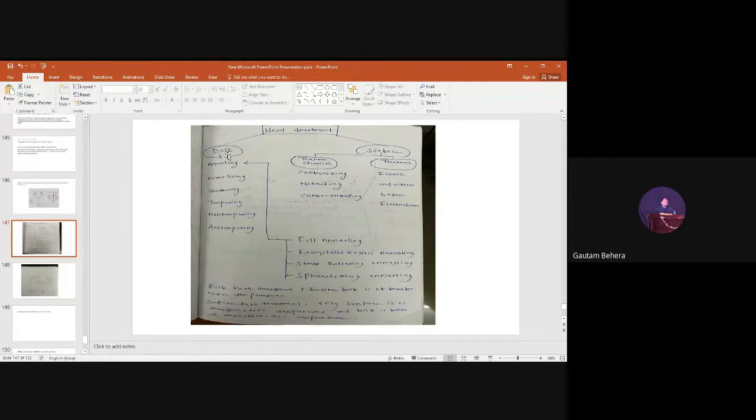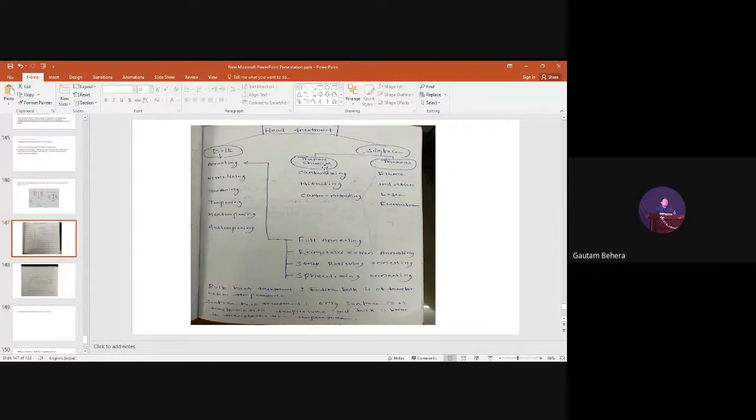Bulk heat treatment classifications are annealing, normalizing, hardening, tempering, martempering. These are many classes of bulk heat treatments. Surface heat treatment has two types: thermal and thermochemical. In thermal, only heat is involved. The surface of the steel will be at the transformation temperature, with no chemicals involved.